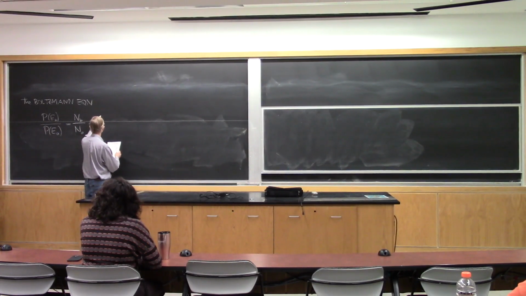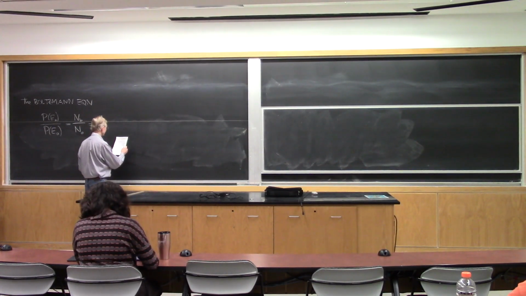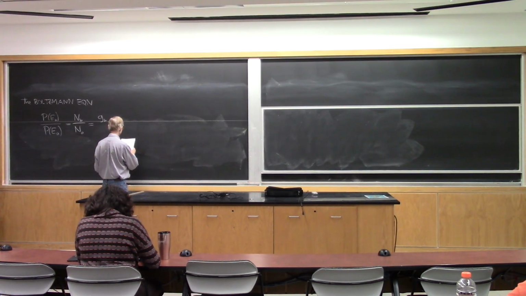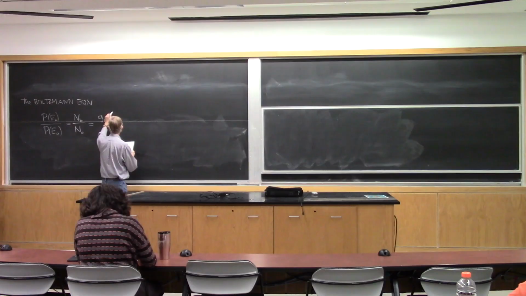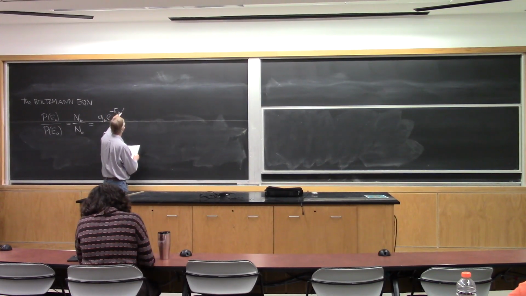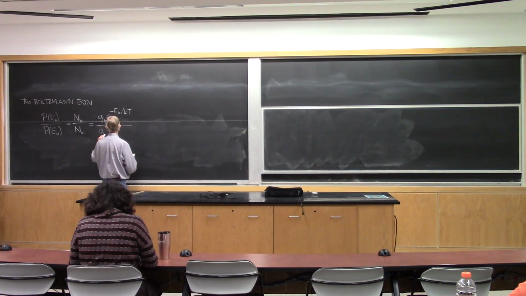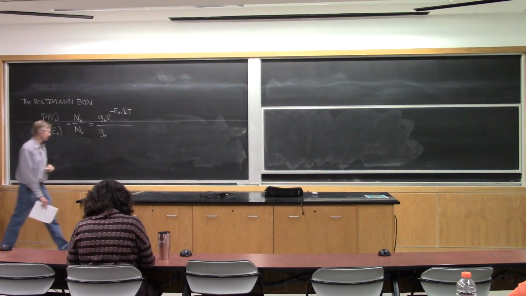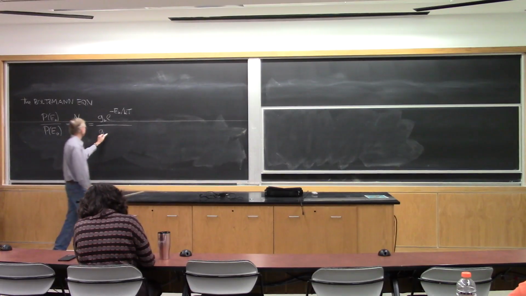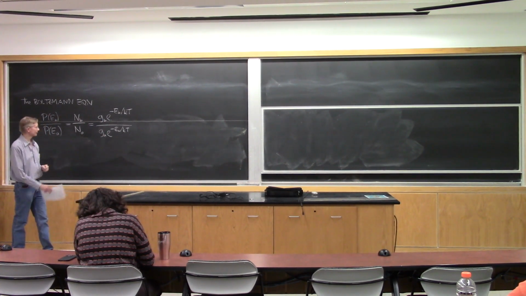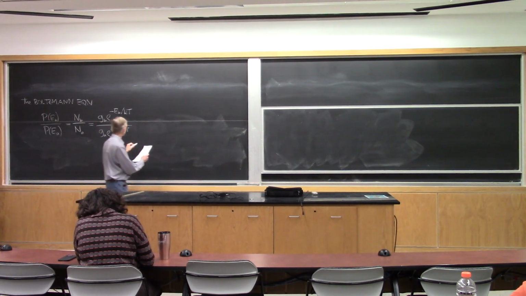We said that that was the multiplicity or degeneracy of state of energy level E sub B, G sub B, e to the minus E sub B over kT. Well, the same thing for energy level E sub A, G sub A, e to the minus E sub A over kT. So we've got the Boltzmann factor in the numerator and the denominator.